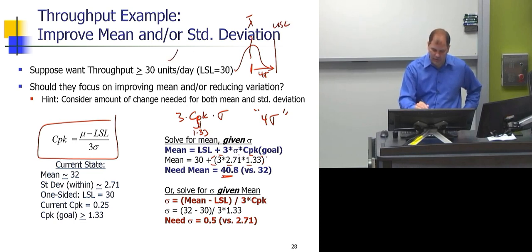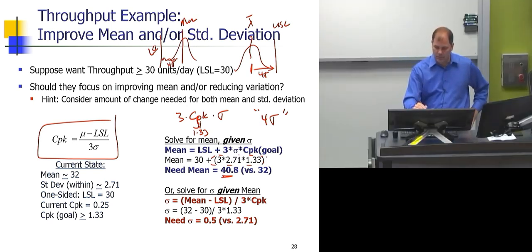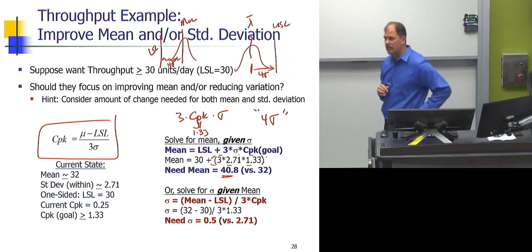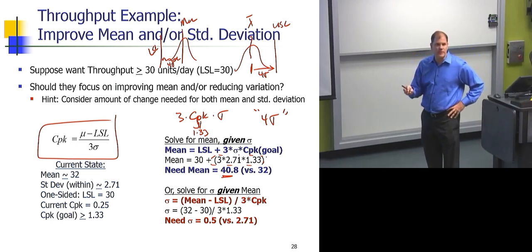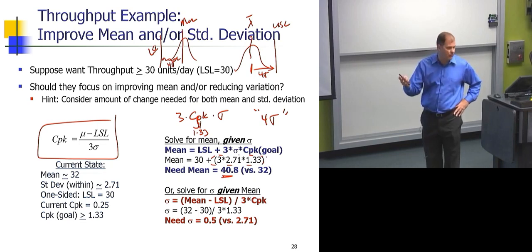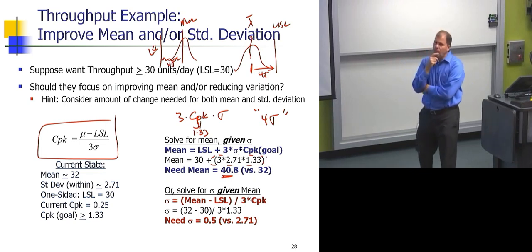And I probably should have drawn that the other way: LSL, mean. I want a distance of 4 sigma between my mean and my spec limit. 3 sigma would only be 99.865% good. I want to be higher. When I do that, I get a 40.8.